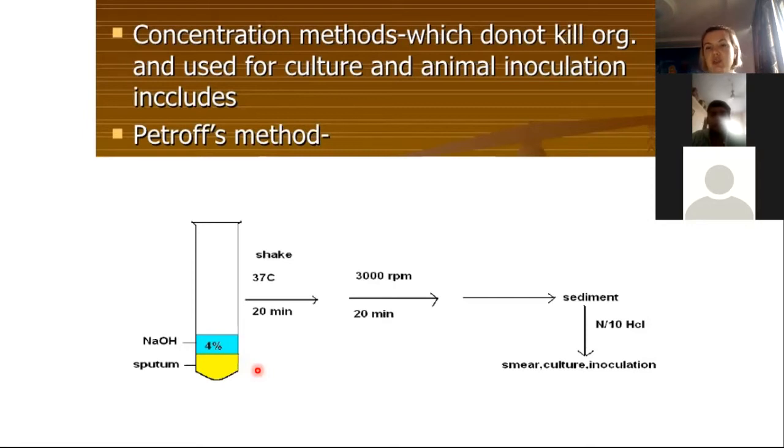After that, you centrifuge at 300 rpm for 20 minutes. After that, you take the sediment from this tube and work with it. Prepare the smear, inoculate on Lowenstein-Jensen medium, and inoculate in animals if you need. Next.